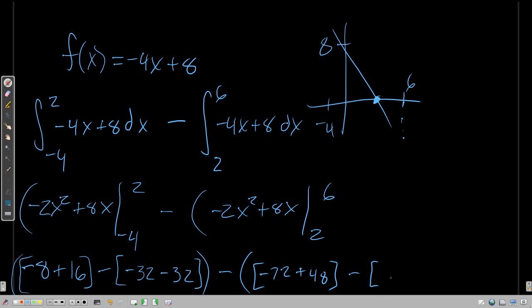Top minus the bottom, so when I put in the 2, it's just going to look just like that. Okay. And there we are.